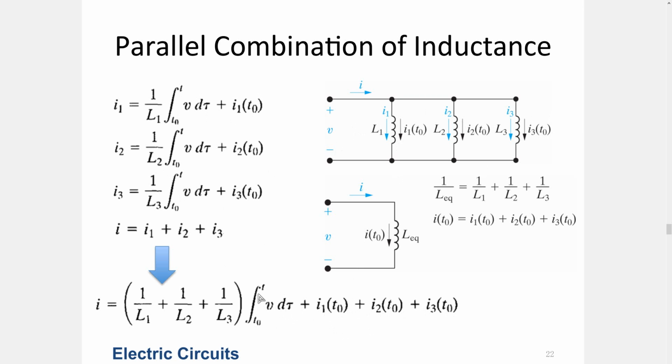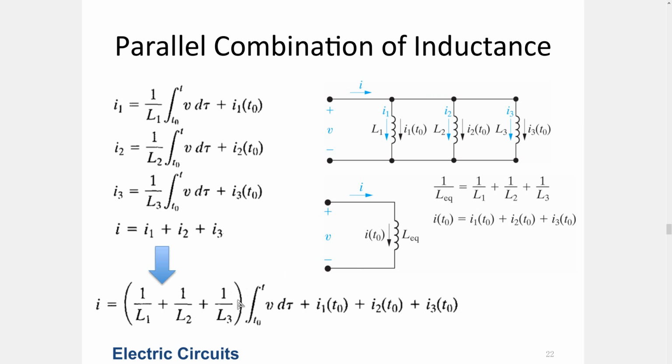Now, if we think that there's an inductor which is equivalent to this combination of three inductors, then it should have something like this: 1 over L equivalent times integral from t0 to t of V dt plus some I(t0).